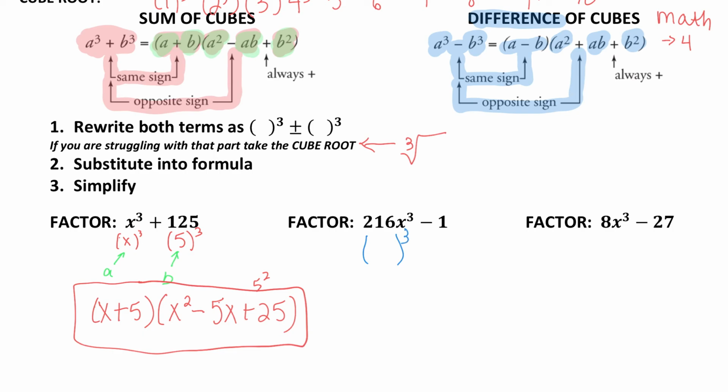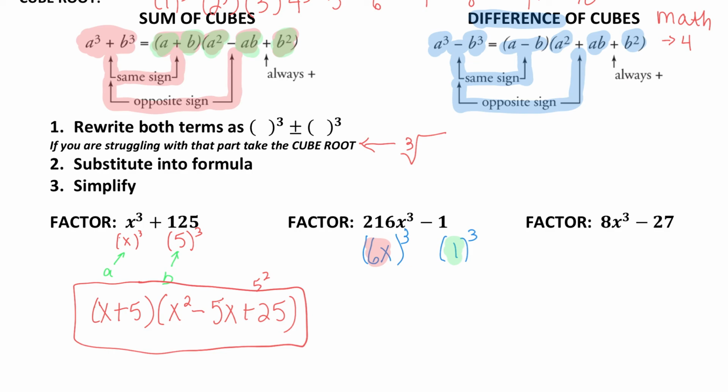Well, 216 was 6 cubed, and x cubed obviously is just x, so we're going to write that as 6x in parentheses cubed. Now 1 obviously is just going to be 1 cubed. All right, so 6x represents my A, and 1 is my B.